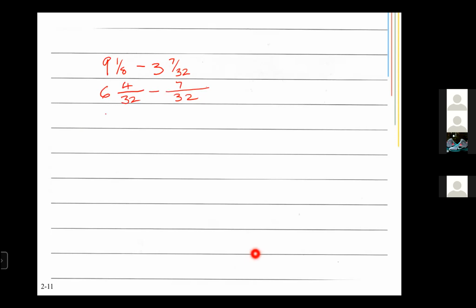If you borrow, you're going to end up with 5, and the one that you borrow will become what? 32 over 32. Very good. 32 over 32 plus the 4 over 32 minus the 7 over 32. That's going to end up being 36 minus 7, 29 over 32. Very good.